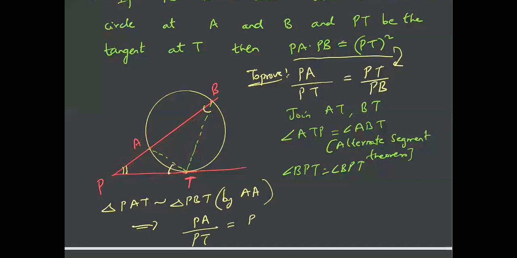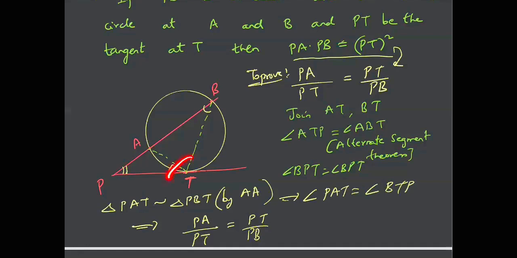So PA over PT is equal to PT over PB. Is it fine? Since two angles are equal, the triangles are similar, right? So this will also imply that angle PAT is equal to angle BTP.